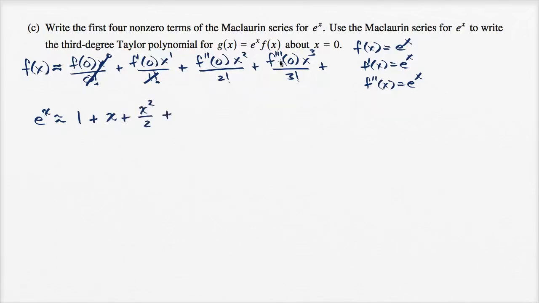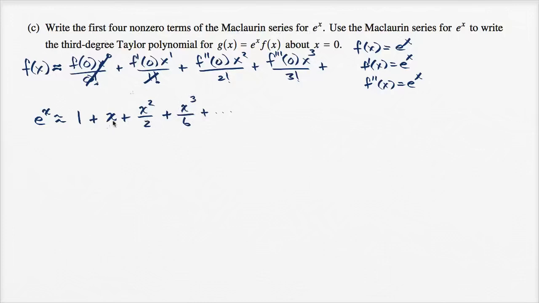And then plus, once again, the third derivative evaluated at 0. That's just e to the x evaluated at 0, which is e to the 0, which is 1. So plus x to the third over 3 factorial. 3 factorial is 3 times 2 times 1, that's equal to 6. And then we keep going. So we just wrote the first 4 non-zero terms of the Maclaurin series for e to the x. That's 1, 2, 3, 4 non-zero terms.